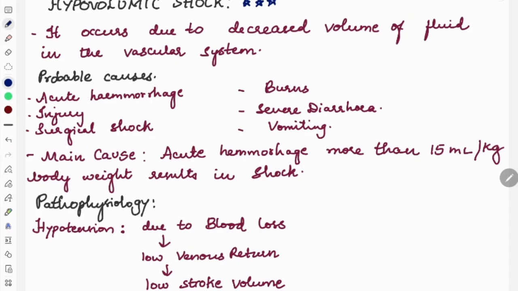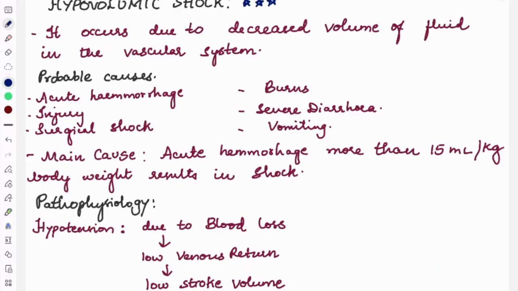Out of all the four shocks, the most important type is hypovolemic shock, and this is very often asked as a clinical case in your university exams. So, what is hypovolemic shock?